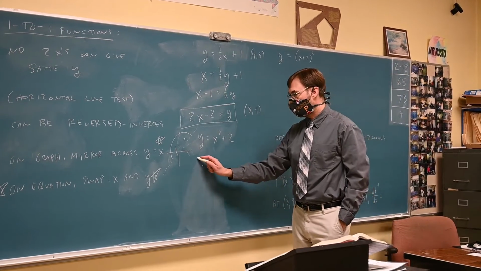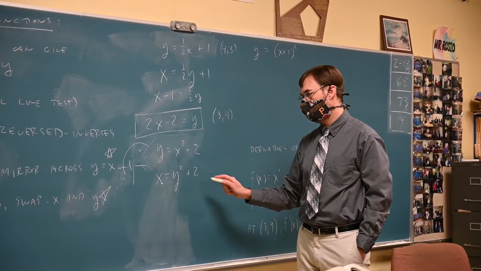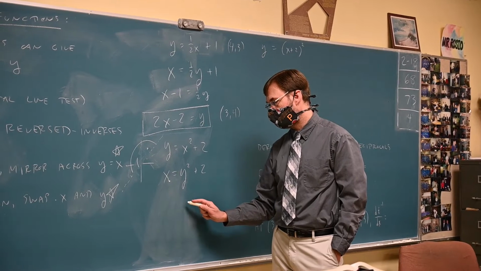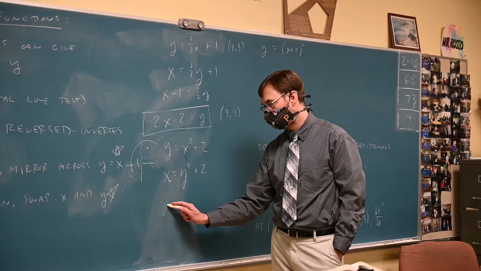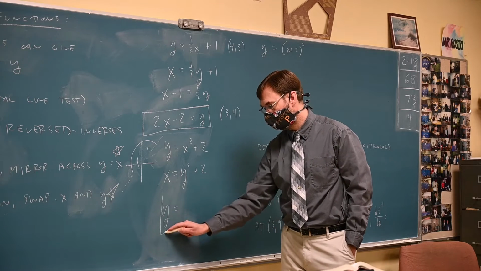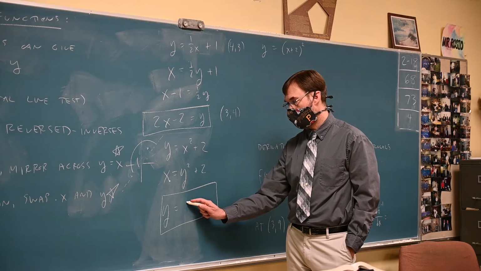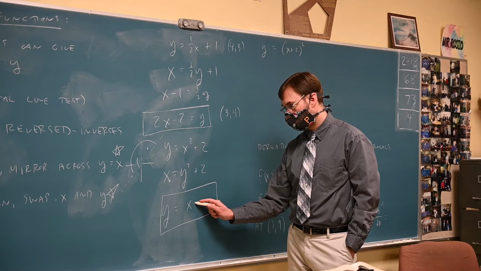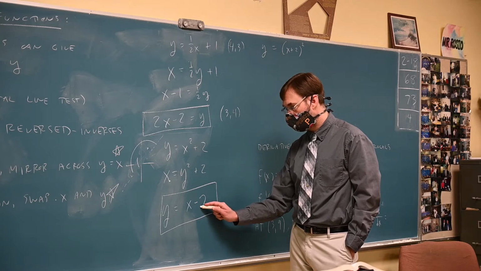So if I wanted to do this, I'd first go x equals y squared plus 2. To get the y alone, x would subtract 2.